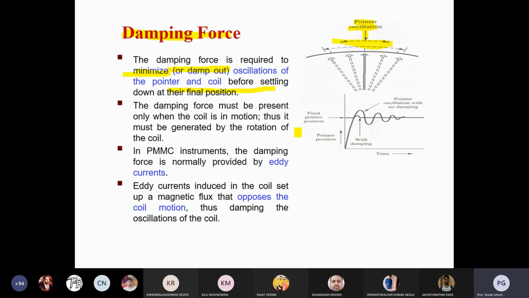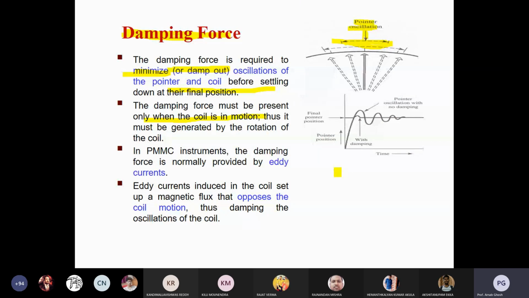These are all important features. Next, in a PMMC instrument the damping force is normally provided by eddy currents. Eddy currents also have a countering effect, so it can also help in manufacturing the device.